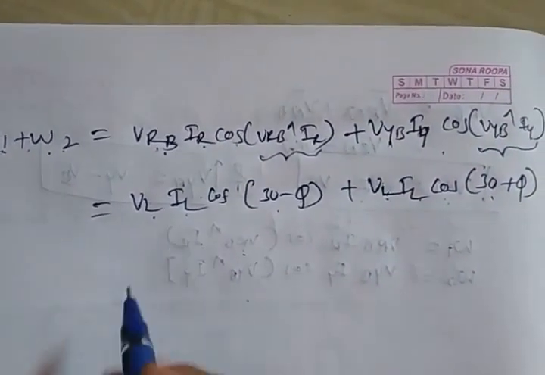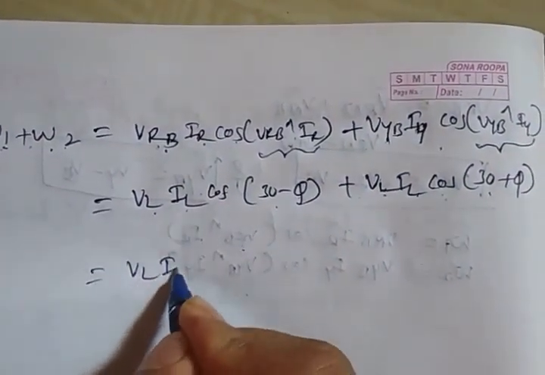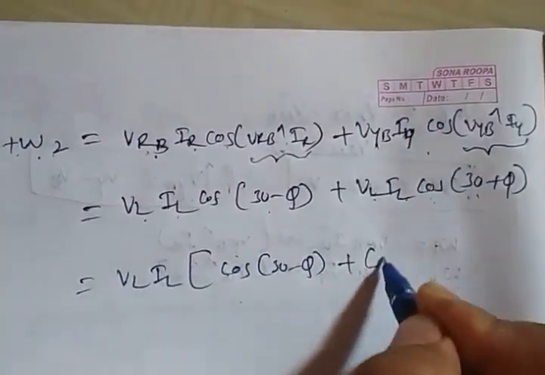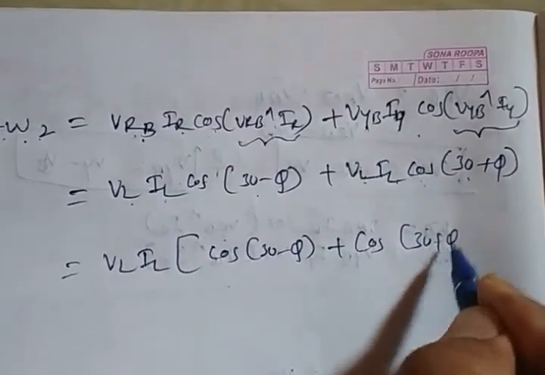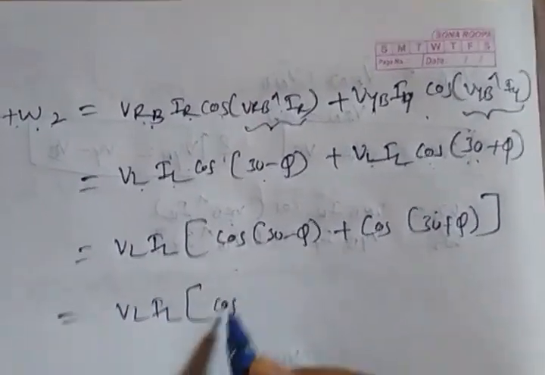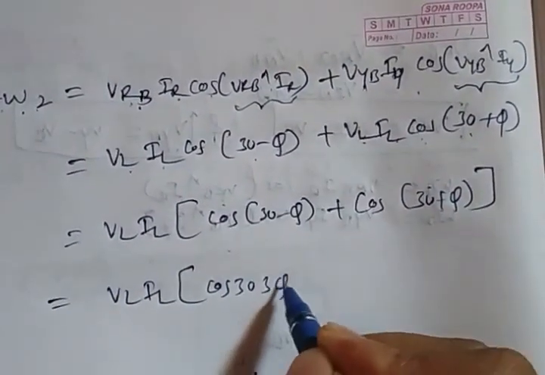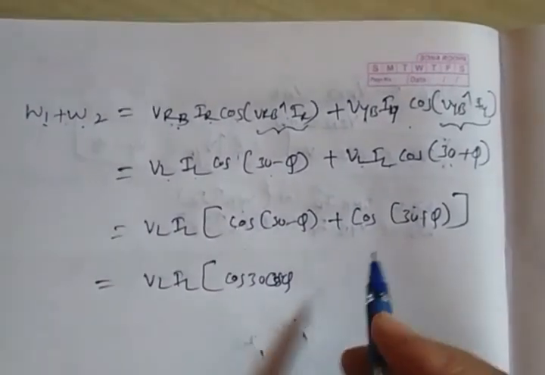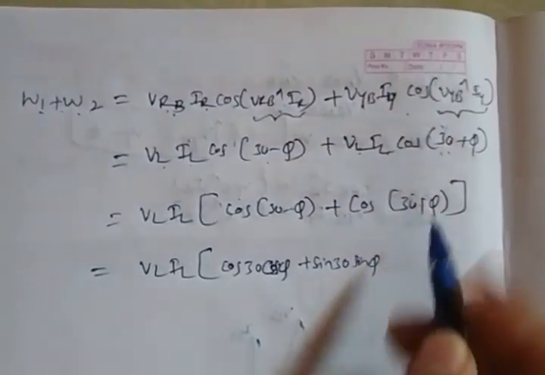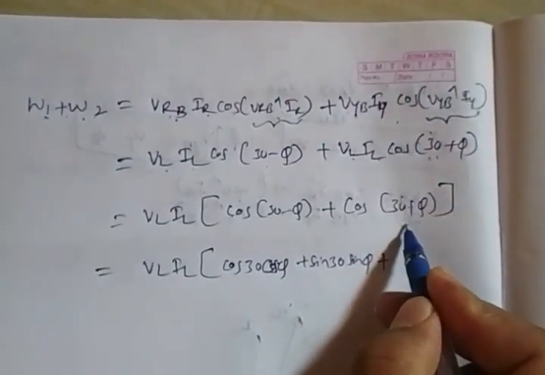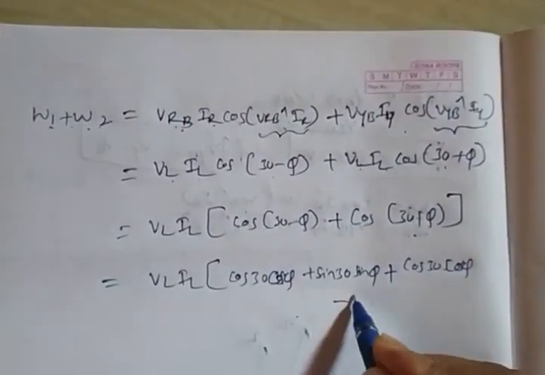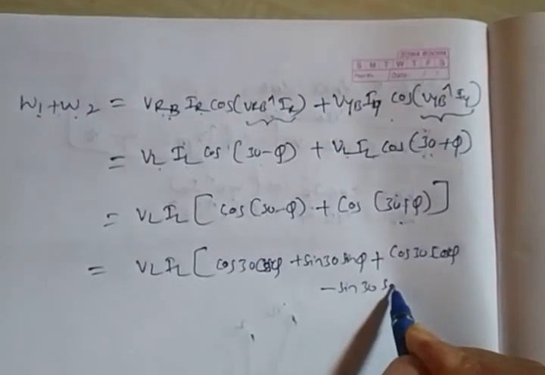Now do the simplification. Taking VL IL common, cos of 30 minus phi means cos of A minus B, and cos of 30 plus phi is cos of A plus B. So the formula is cos of A minus B equals cos A into cos B plus sin A into sin B. This is cos of A minus B plus cos of A plus B, cos A into cos B minus sin A into sin B. This is the formula.